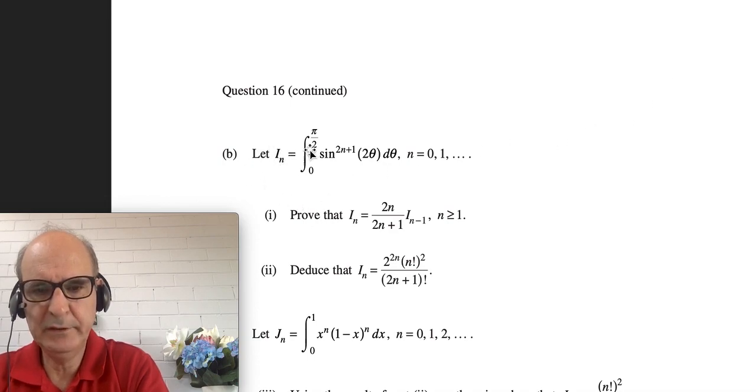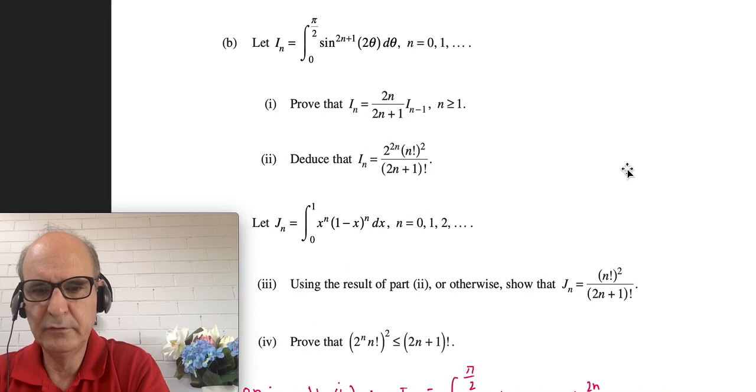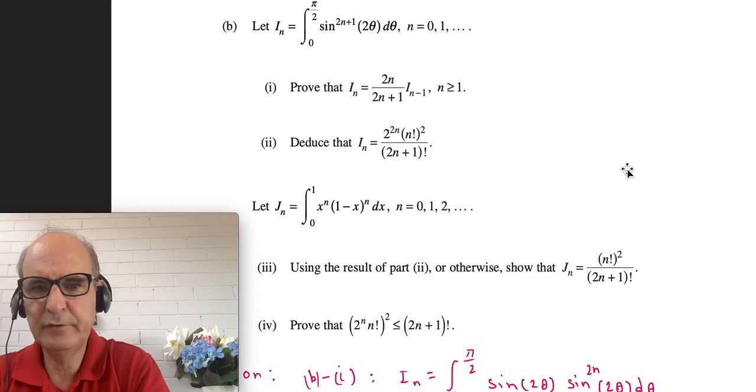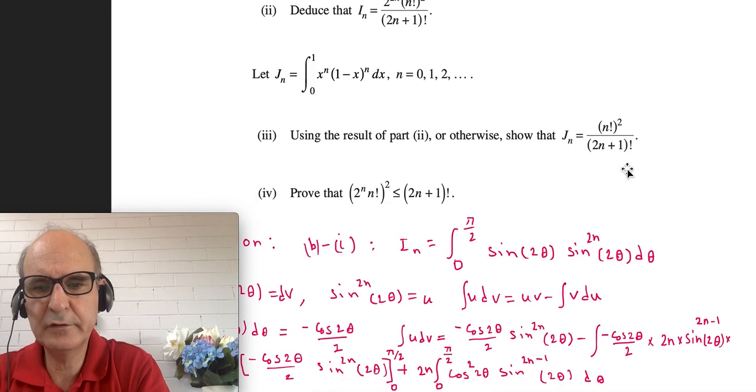Let I_n be the integral from 0 to pi on 2 of sine to the power of 2n plus 1 of 2 theta d theta, where n can take values from 0 to 1 onwards. And part I proved that I_n is equal to 2n over 2n plus 1 times I_(n minus 1). So for this type of question, we use integration by parts.